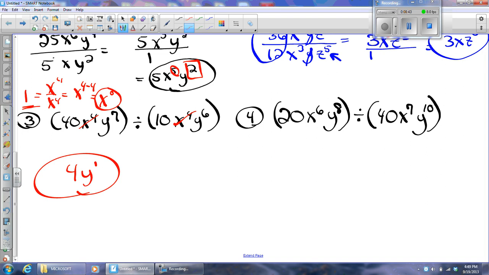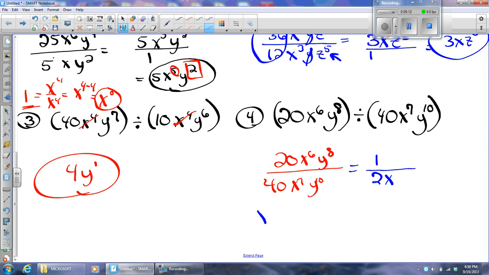So I'm going to rewrite it as 20 x to the 6th, y to the 8th, over 40 x to the 7th, y to the 10th, and I'm going to simplify. 20 over 40 is the same as 1/2. x to the 6th over x to the 7th. Well, won't there be an x left in the denominator?